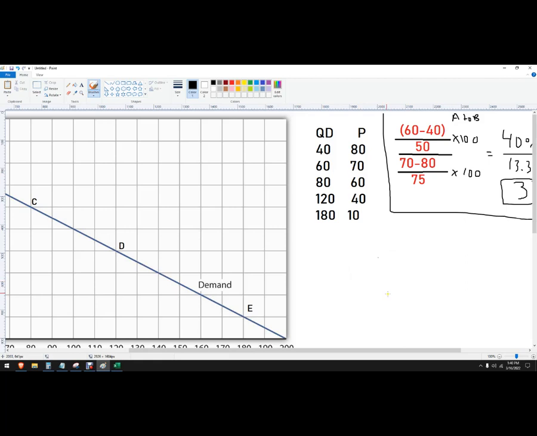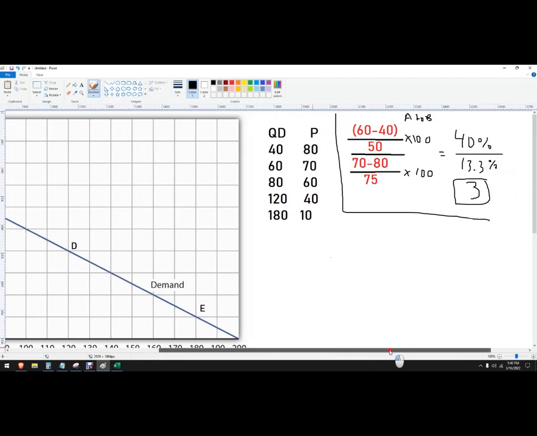Okay, so that was the first elasticity, and that was going from A to B. Because this was point A, and this was point B, C, D, and E. Okay, so let's now do B to C. So B to C, the new quantity would be 80 minus 60 over 70, again times 100, divided by the change in price.